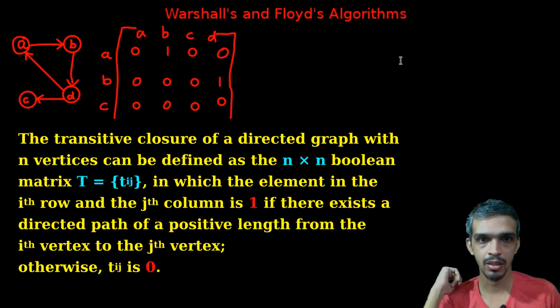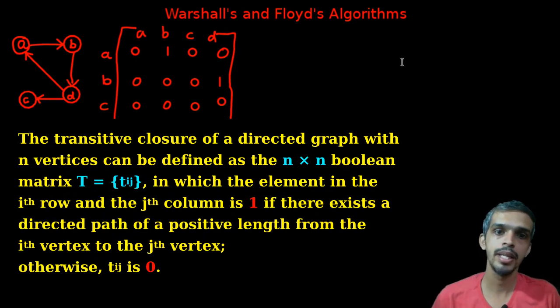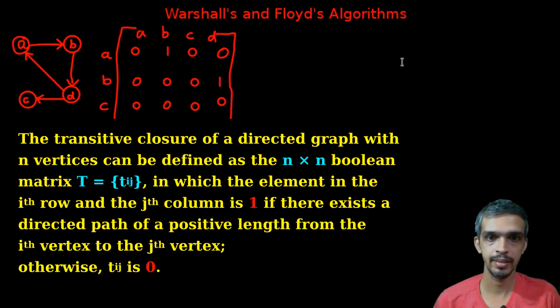The transitive closure of a directed graph with n vertices can be defined as an n by n Boolean matrix T, which is equal to T of ij, in which element in the ith row and jth column is 1 if there exists a directed path of a positive length from ith vertex to jth vertex.